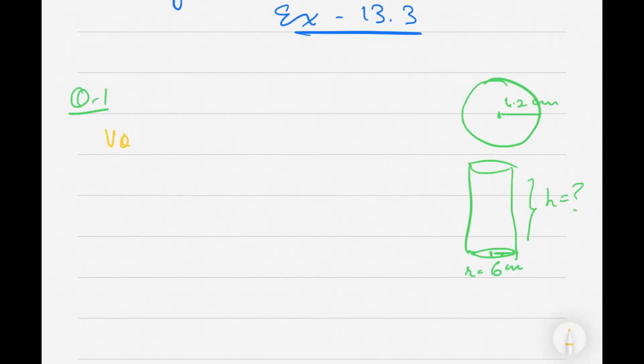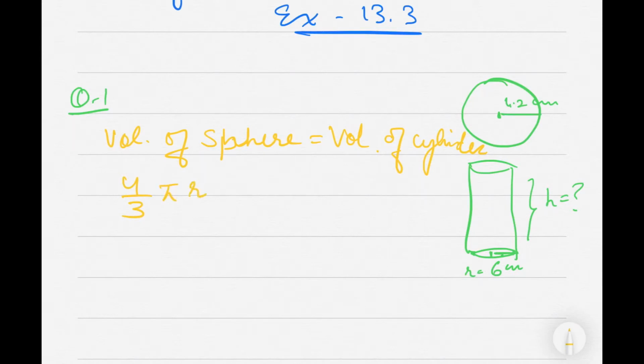So here I can say that volume of sphere is equal to volume of cylinder, right? I can compare that. Now the formula for volume of sphere is 4 by 3 pi r sphere cube. Because there are two radii, we should not get confused. And the volume of cylinder is pi r cylinder square into height. Height is 1, so I am just writing it like that.